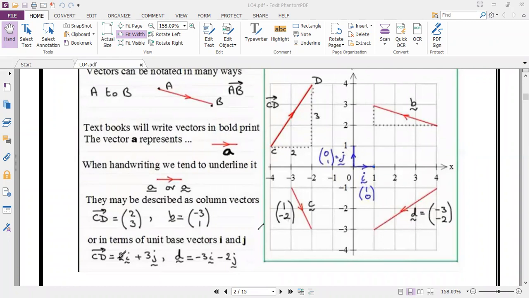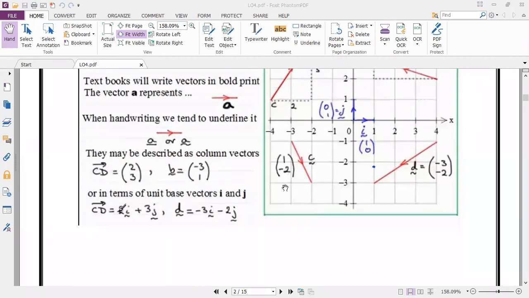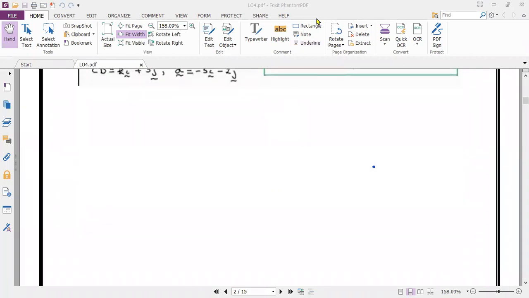We can write any vector by using I and J. How is that? Let's analyze it. The vector CD is (2, 3). So imagine that I have a vector CD, it's (2, 3).